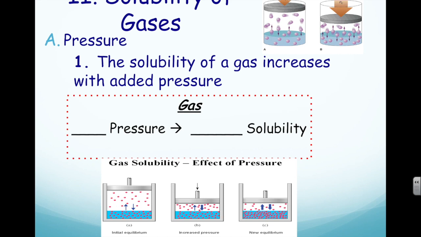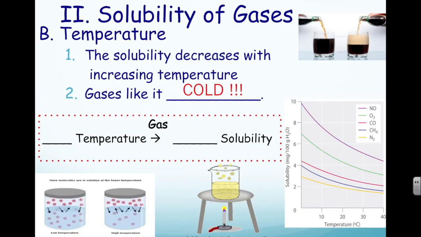So let's just review the solubility of gases because it's always helpful. The solubility of a gas increases with added pressure. So if I increase the pressure, I will actually increase the solubility. Just remember, gases like a lot of pressure. That's why we like to keep our sodas under pressure. Okay, and then gases also like it cold.